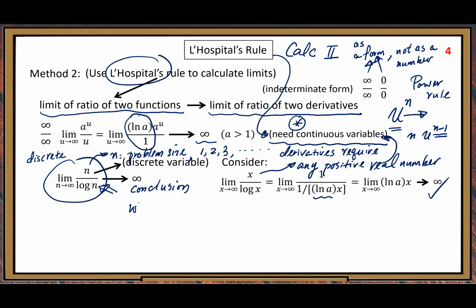Why is this kind of conclusion correct? The reason is very simple. To explain that, we go back to the definition of limit. Let's recall the definition of limit.